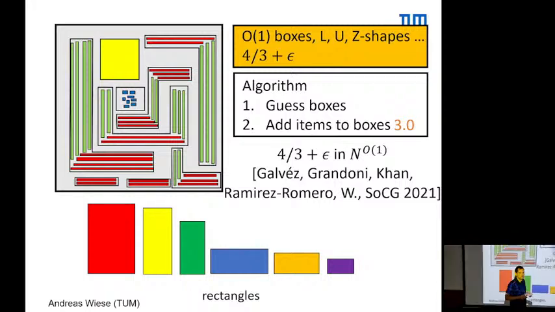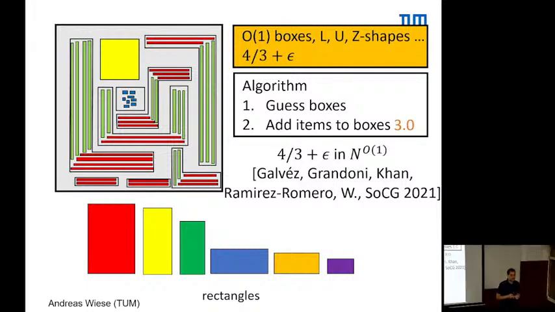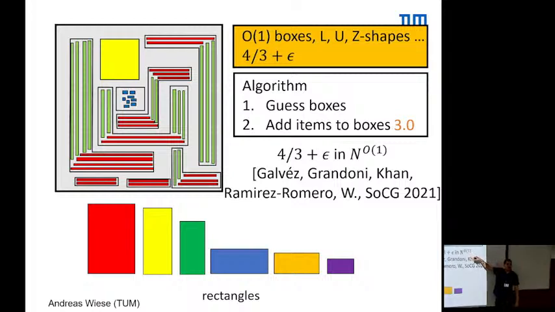Does adding every L, U or Z increase the dimension in the DP? How complex does this make the dynamic programming? I mean, the exponent of n here depends on the complexity of these boxes. So if you have a constant number of these boxes, this constant will affect the exponent of the running time.